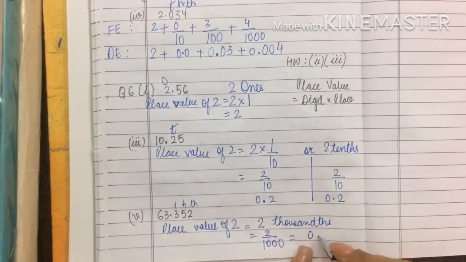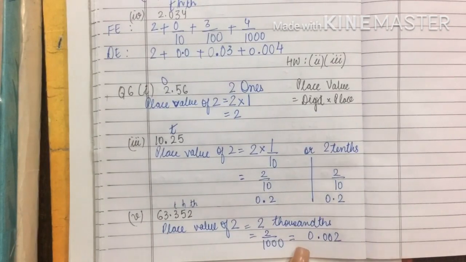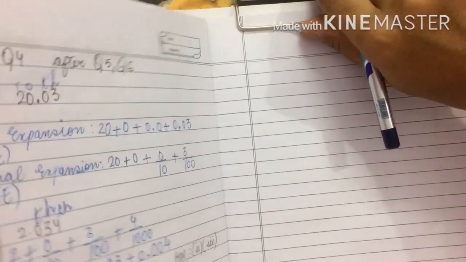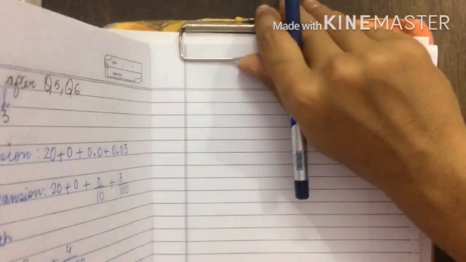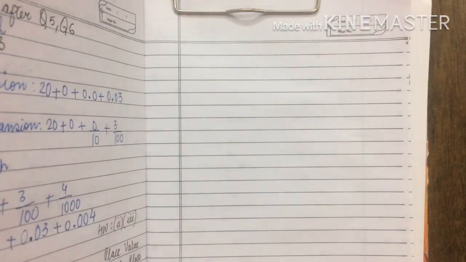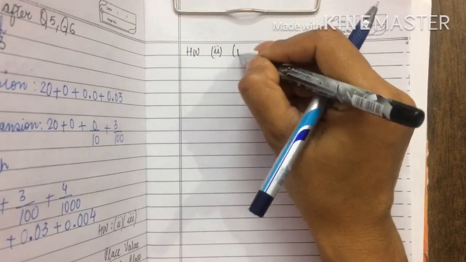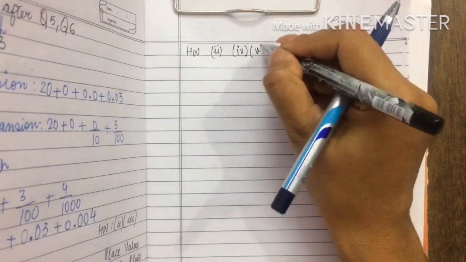Change it into a decimal number. This is what your answer is. From question number 6, the homework is second part, fourth part and fifth part.